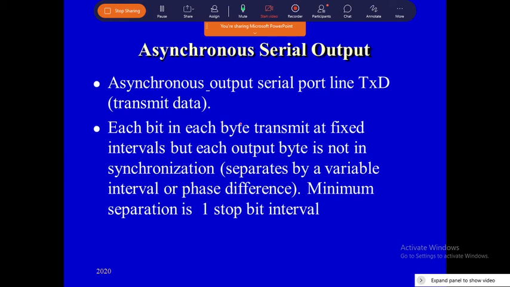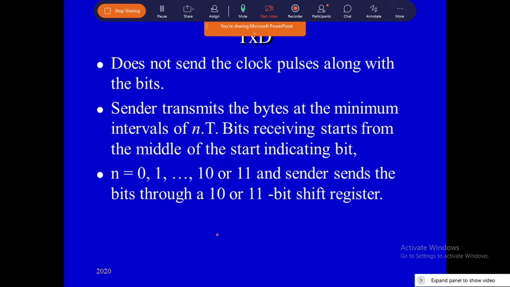Previously we have seen the start bit and stop bit. One stop bit is the minimum that should be there between one byte and another byte. It does not send the clock pulses along with the bits, because it is asynchronous. The sender transmits the bytes at a minimum interval of n times T, where n means the number of bits to be transmitted.